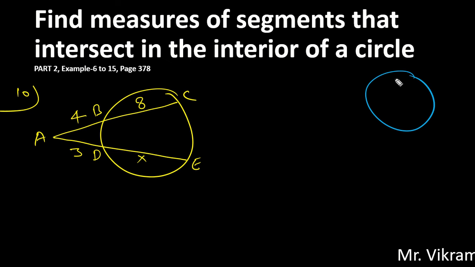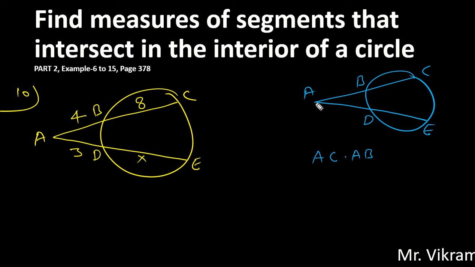So for example, if you have a circle and chords are meeting outside, if this point is A, B, C, D, E. So how does that work? Try to think it for yourself. If you are not able to recall, then just remember this formula. First, you need to multiply AC with AB.